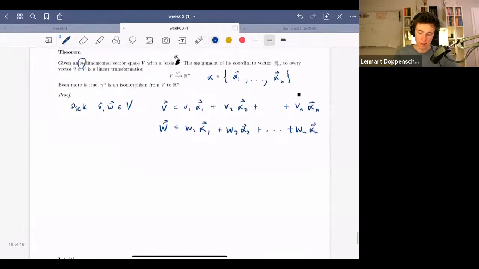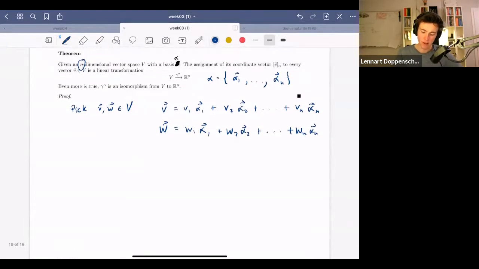If we write them as these combinations, then this means that their sum v plus w is equal to v1 alpha 1 up to vn alpha n, and then we list all the terms that make up w.